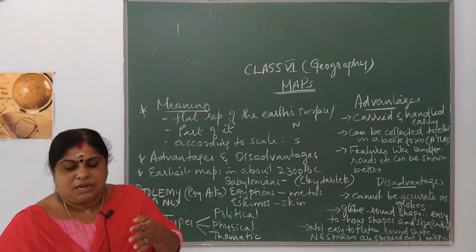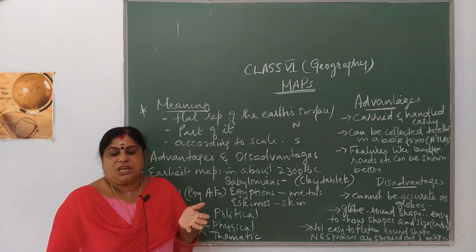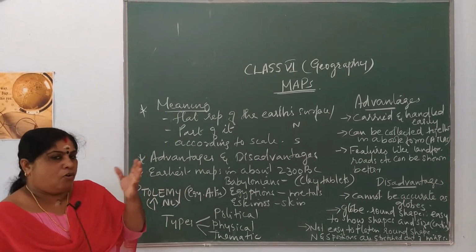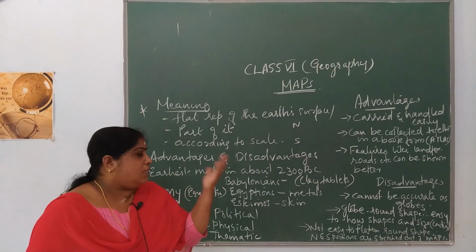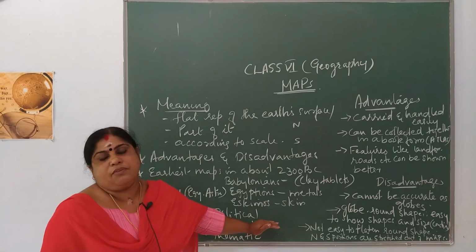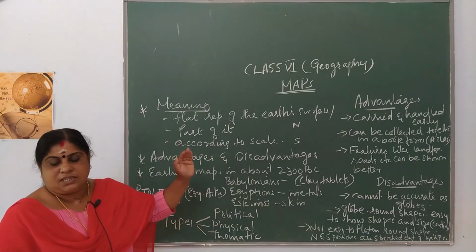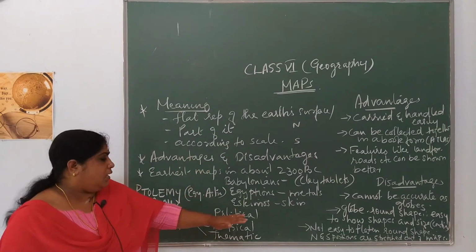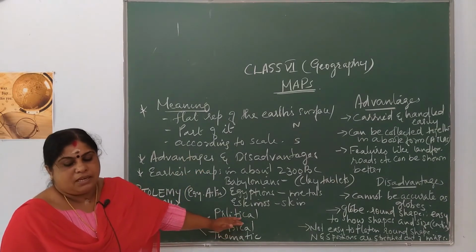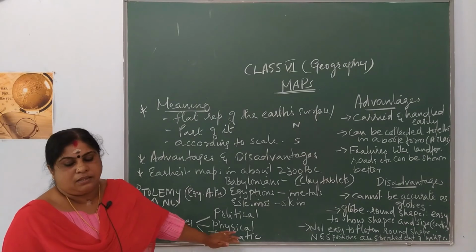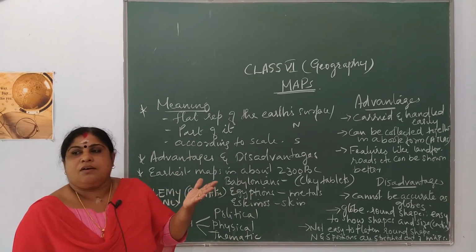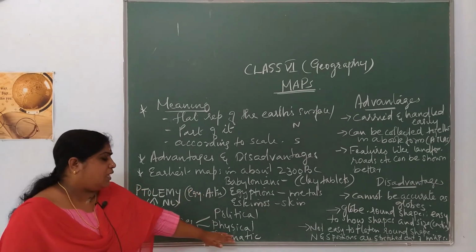On a political map, it shows different states and countries along with their capitals, and boundaries. Such maps where different states, countries, capitals, boundaries, etc. are located are called political maps. Then there are physical maps where they show different features like rivers, oceans, valleys. All these are shown on physical maps.